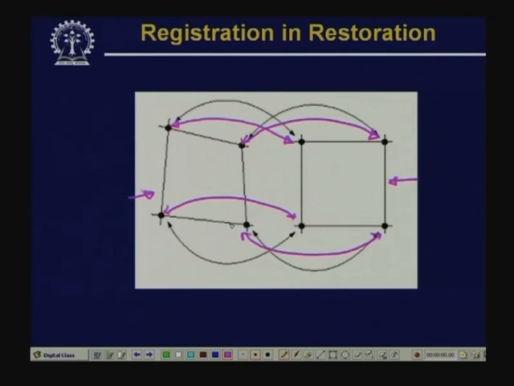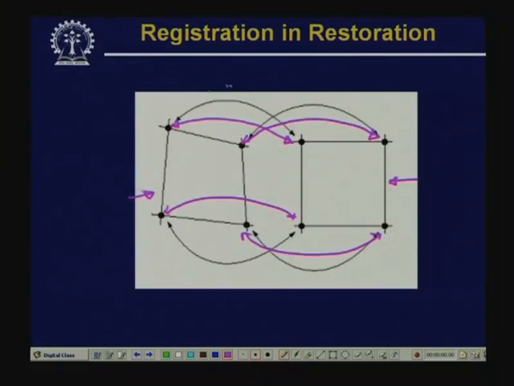So, here you find that for estimating this degradation, we have to go for registration. So, this registration is also very important for restoring a degraded image where the degradation is introduced by the camera optical system.